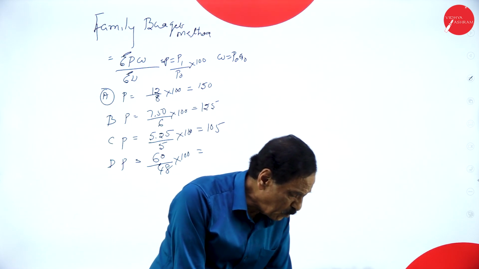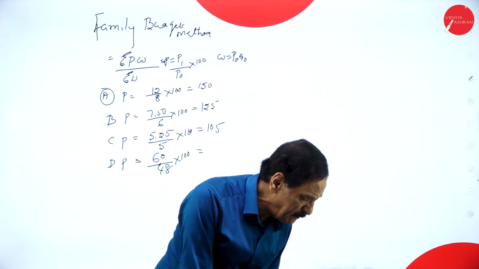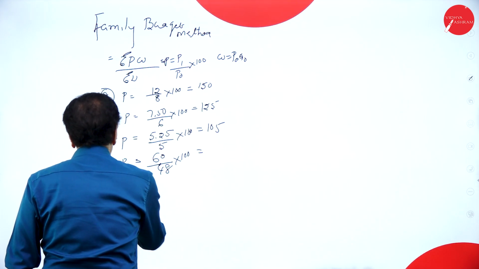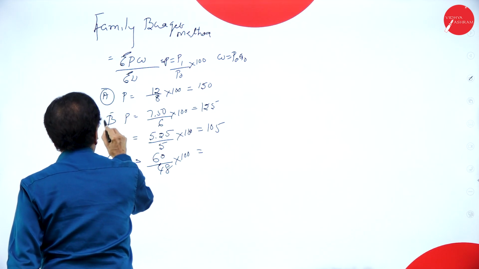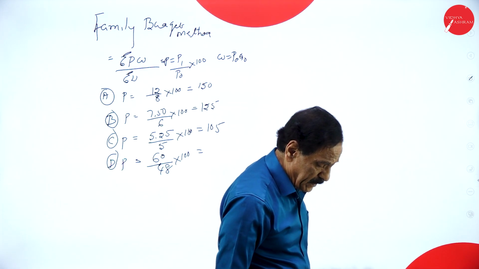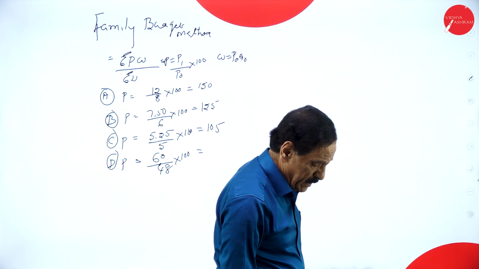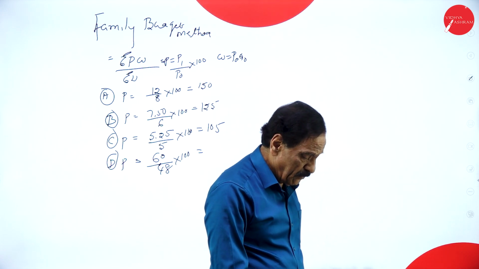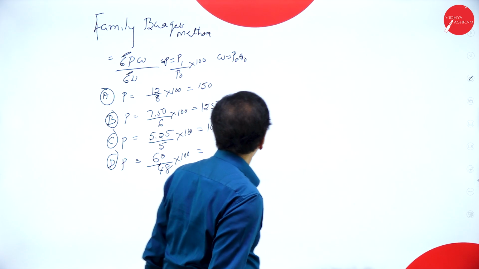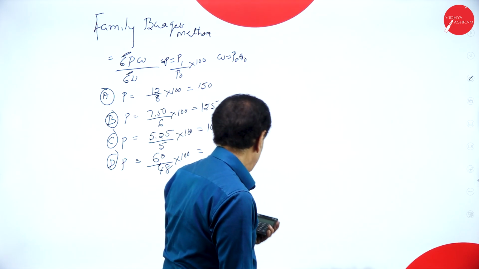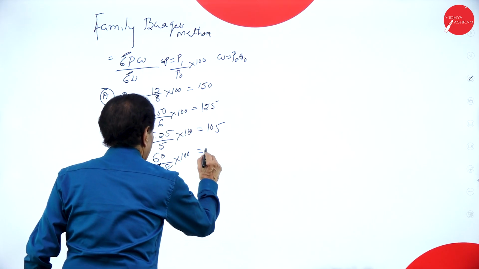This is 125. A, B, C, D. 60 divided by 48, this is 150. How much will come? 125.